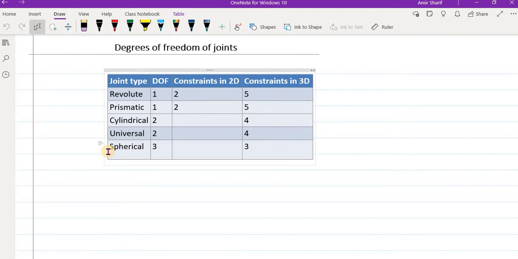In the first lecture we have already talked about the degrees of freedom of these joints, so now let's revise once again and see how we can define the degrees of freedom of these joints considering the constraints also. So for the revolute joint, it looks something like this.